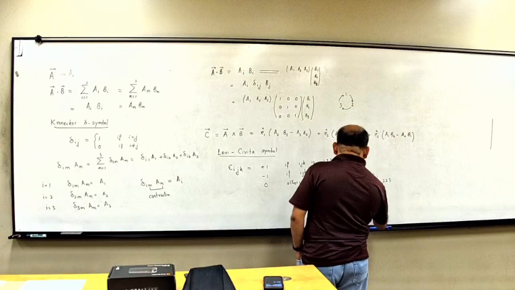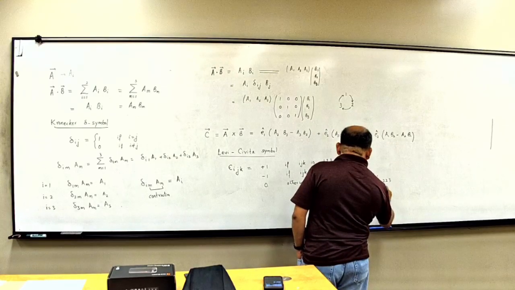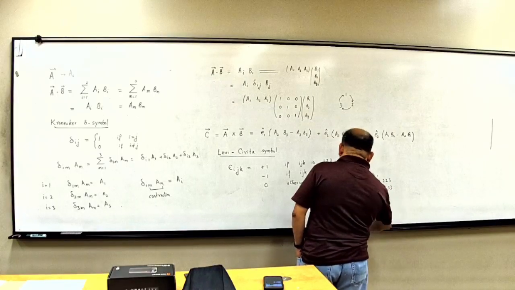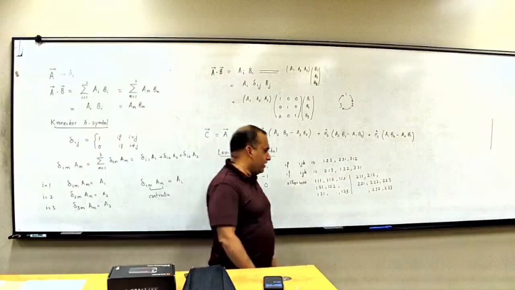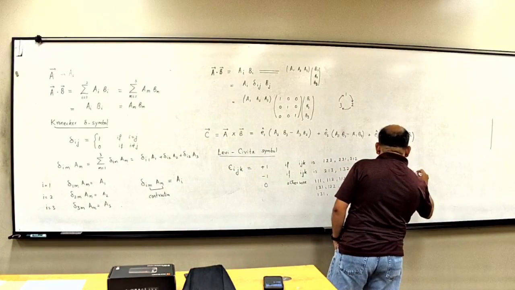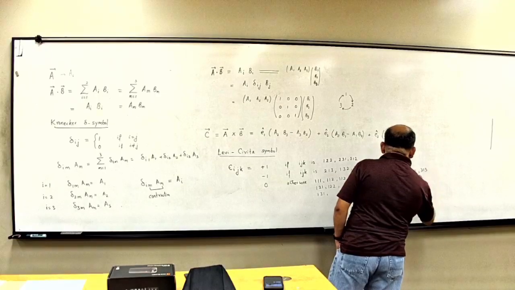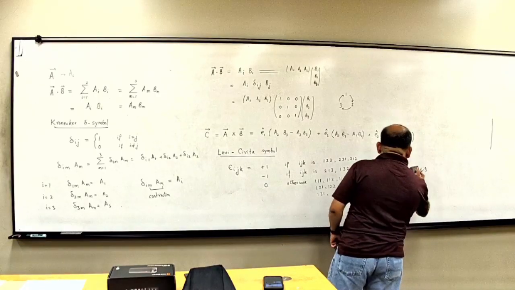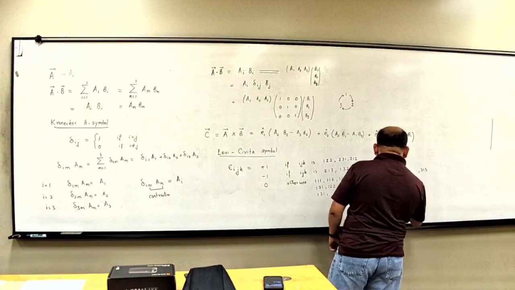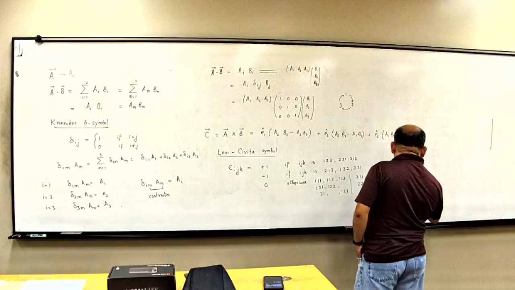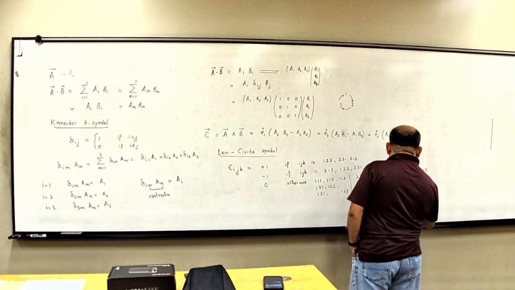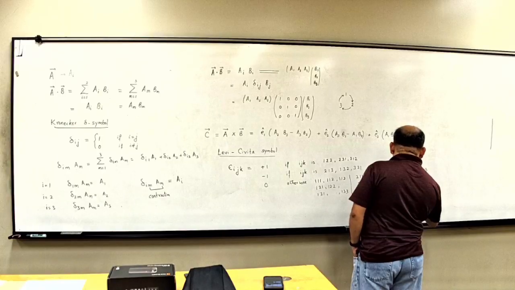And 2, 3, 1, 2, 3, 2, 2, 3, 3. So 7 here, 7 there, and 7 more. So 3, 1, 1, 3, 1, 2, 3, 1, 3. This has to be removed. And 3, 2, 1, this has to be removed. And 3, 3, 1.